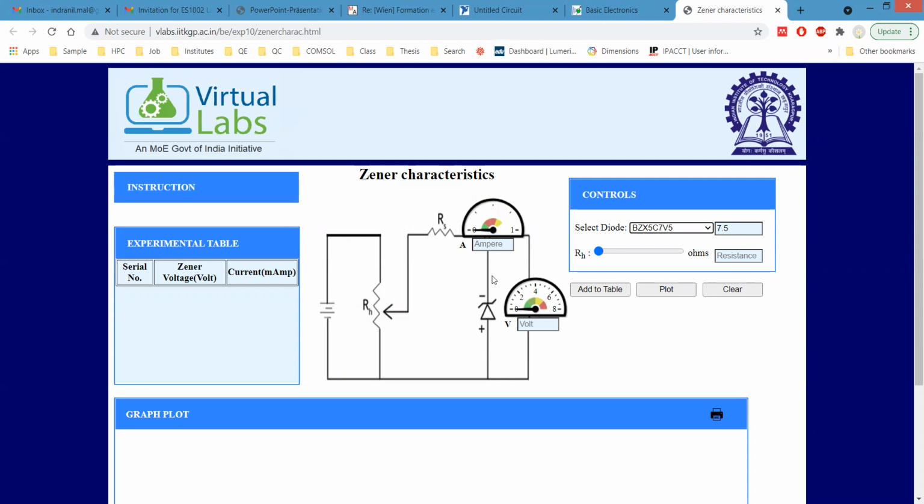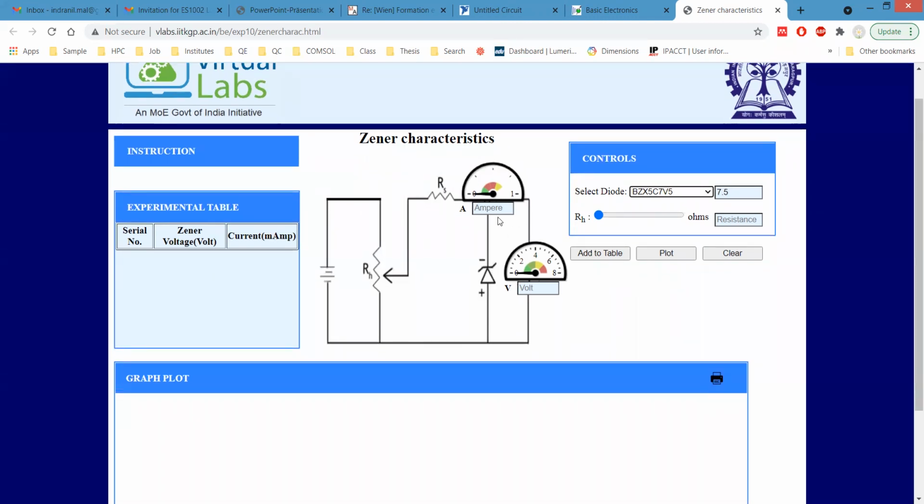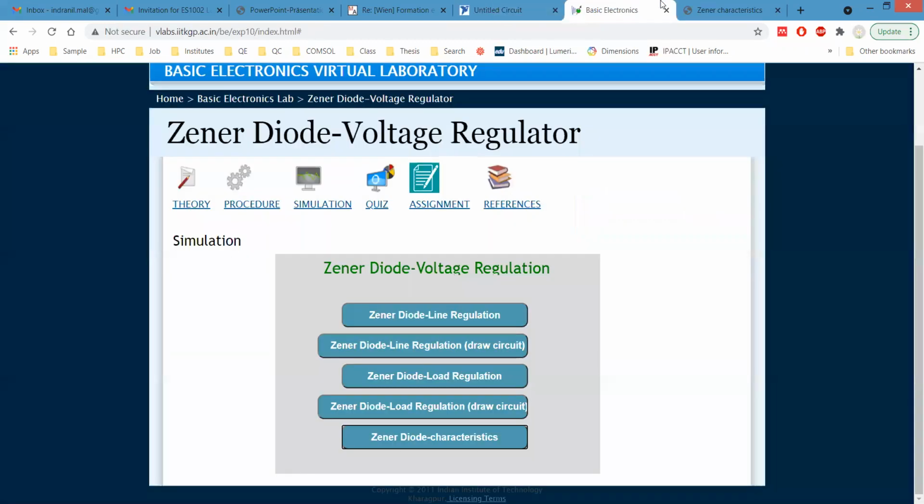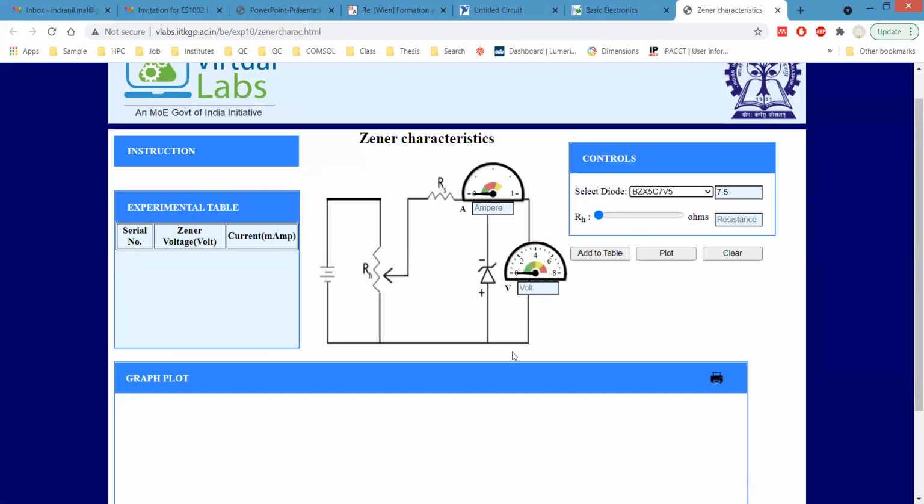So we'll see what the characteristics will be. In this case we can have only the reverse bias configuration, not the forward one. We'll draw and check forward and reverse bias, but first check it for only reverse bias.